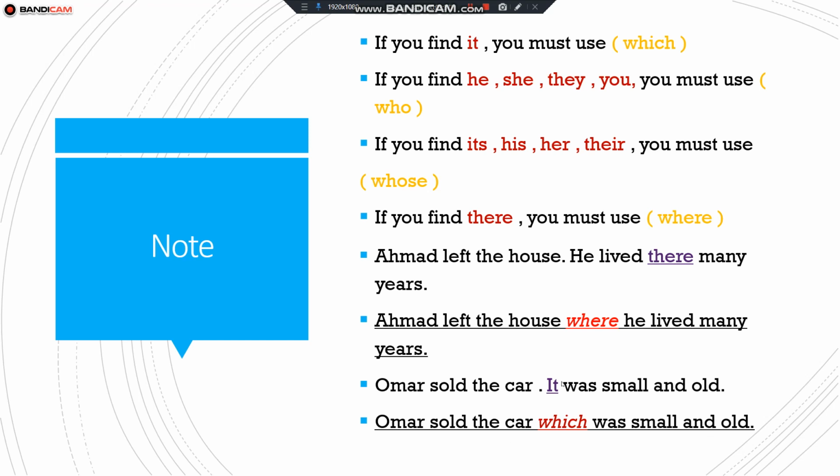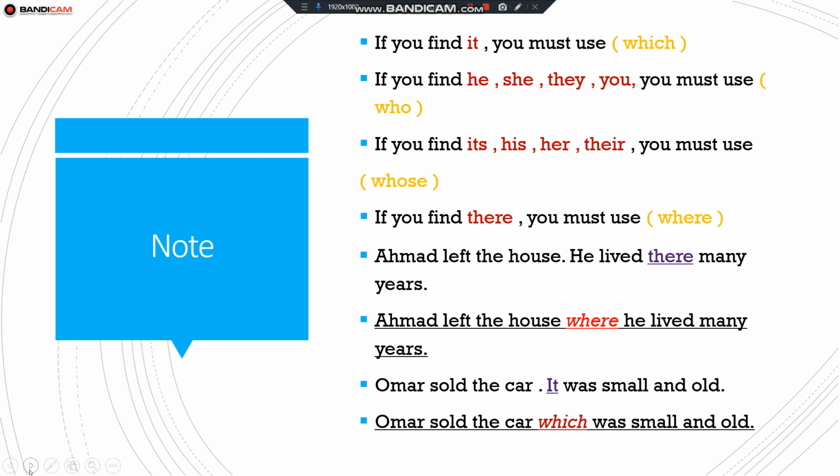But be careful. You should remove the pronoun. Okay, look. Omar sold the car which was small and old. Ahmed left the house where he lived many years. Okay يا شباب. It's not يعني difficult, but you have to be careful. Okay.